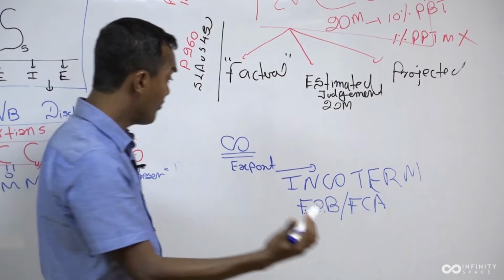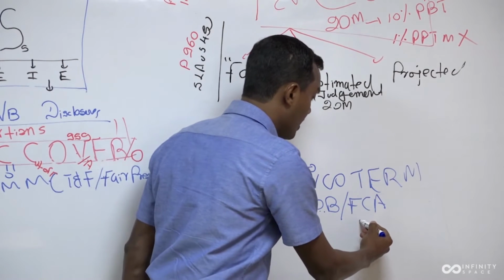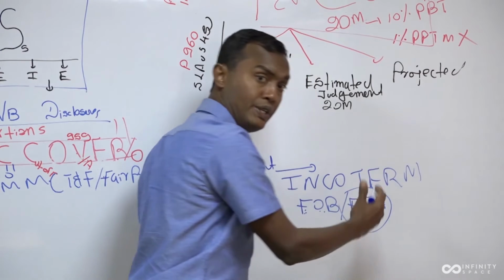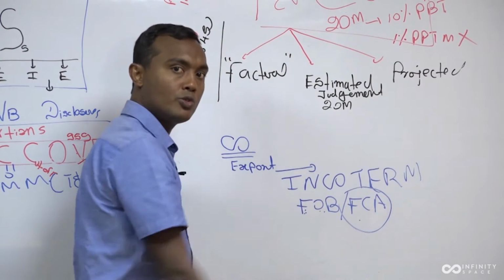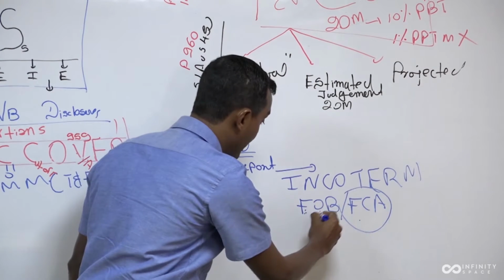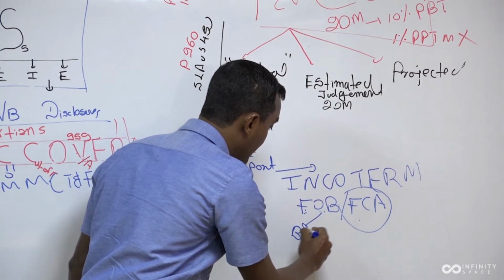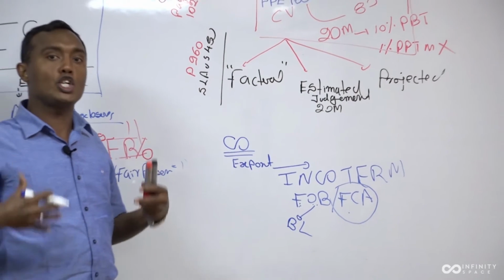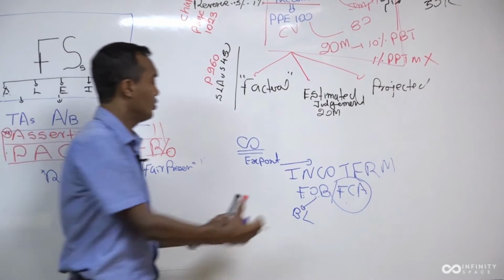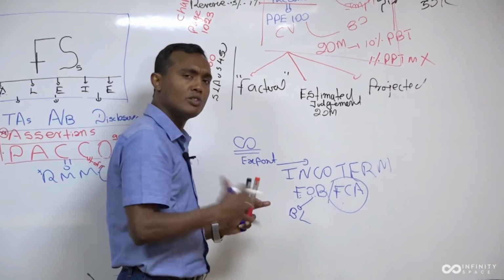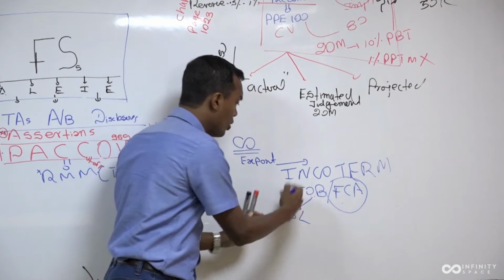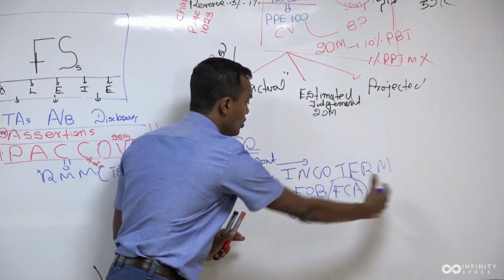But if you take an FCA contract, when goods are handed over to a forwarder who will eventually hand over to the vessel, and now see what is the contractual document here? BL. What is BL? Bill of lading. That's the official document issued saying that goods are on the vessel and it's handed over, it's ready to go, the vessel is going to sail, right? So at that point you recognize revenue. Here, when the goods are handed over.